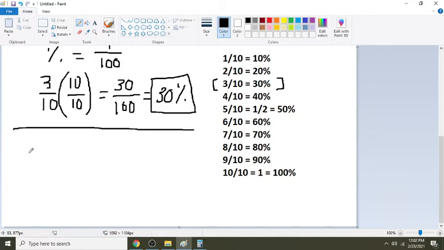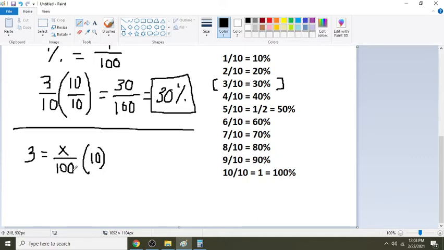Let's write it down in algebra form. 3 is what percent of 10. 3 is means equals; what is the x value or the variable.